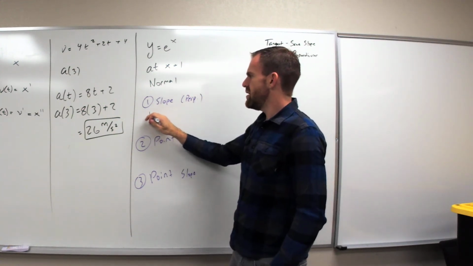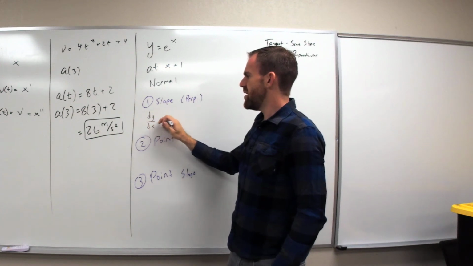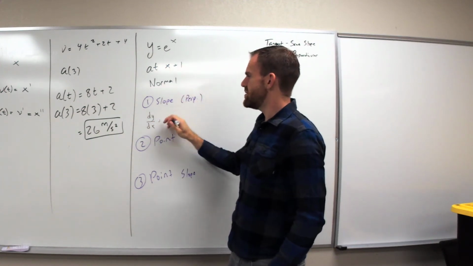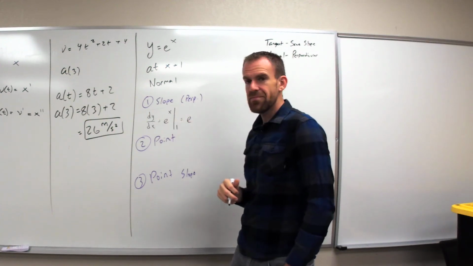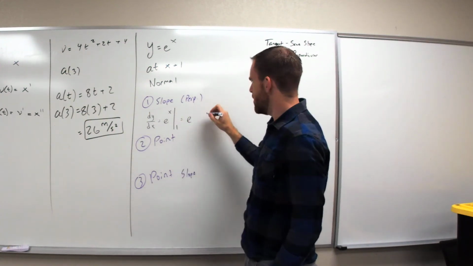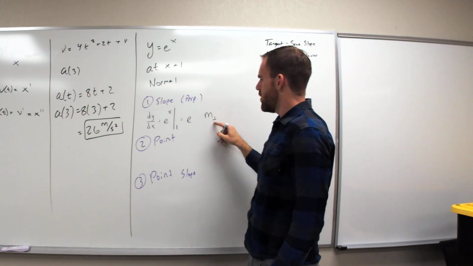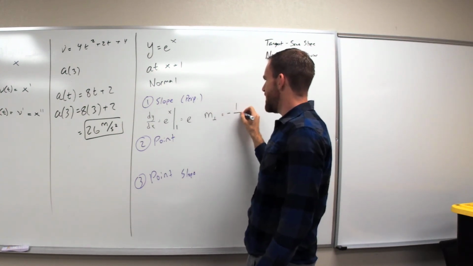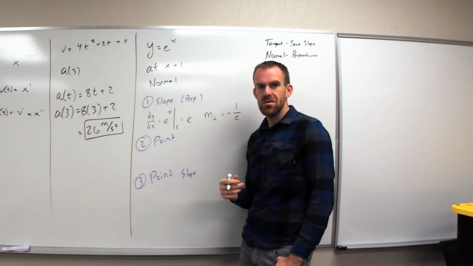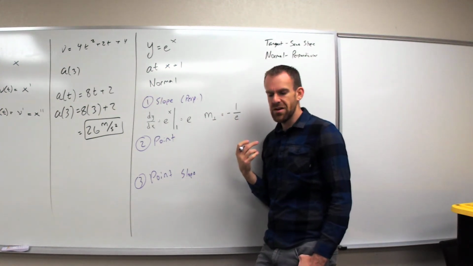Well, dy by dx, which is going to be our original slope, is still e to the x. I'll plug in my point 1, so it's e. So my perpendicular slope, remember the little upside down t, it means perpendicular. It means it's the negative reciprocal of my original slope. So my new slope is negative 1 over e.